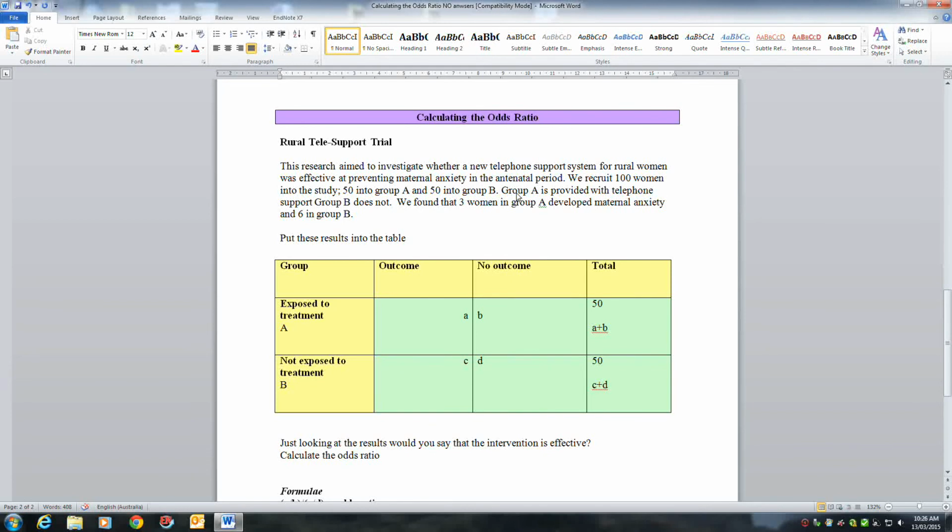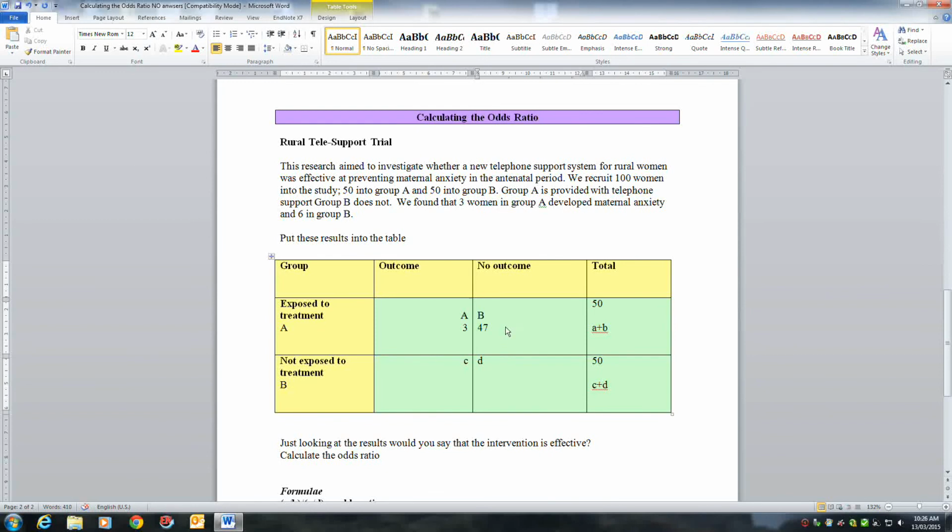Group A, who did get the treatment, we found 3 women here got the outcome, which is anxiety. So that means we can work out how many in this group didn't have anxiety. It'd be 47.